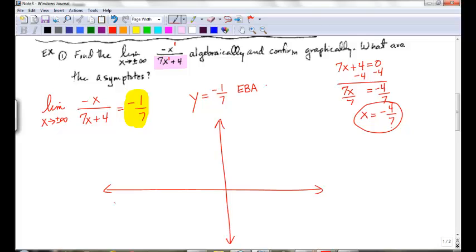So let's go back on the graph and use different colored pencils or highlighters or pens. We know we have y equals negative 1/7. On your calculator, clear out all the equations. Let's put in the asymptotes first. So y equals negative 1/7, and I'm going to do zoom 6 to start.